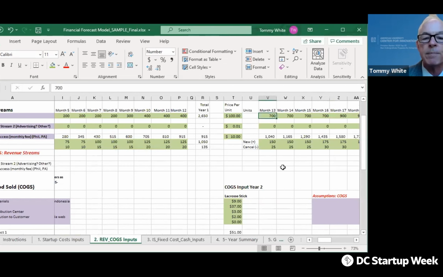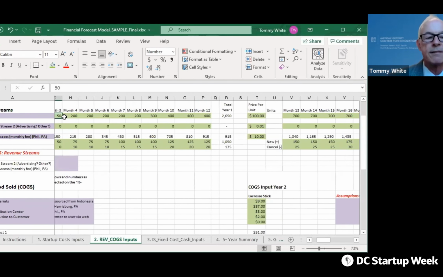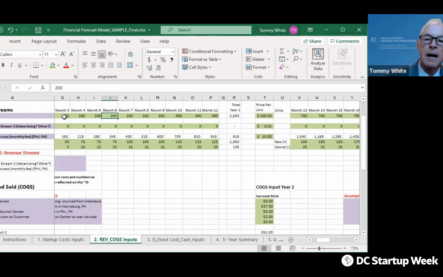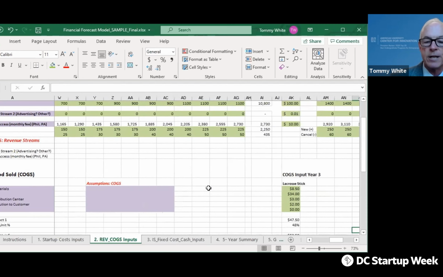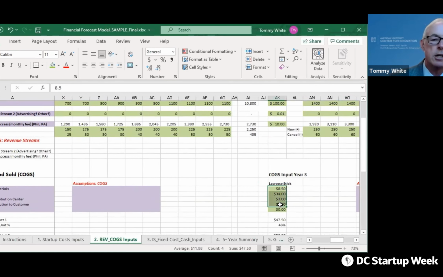If I'm ordering 700 or 2100 lacrosse sticks for 3 months from my suppliers, I should be getting better pricing than if I was only ordering 50 or 200. So my economies of scale start to improve. That means my cost of goods sold should start to drift downwards a little bit as my sales go up. And same thing for year 3. So these things should start to go down a little bit as you start to sell more because you're getting better pricing.